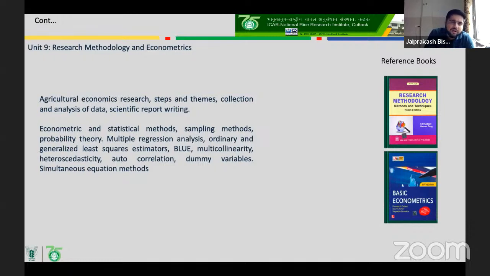How will you go for sampling? What are the sampling techniques? Definitely, no one is going to ask you sampling techniques in the economics examination because it is a part of statistics. But you should be aware because many times it is required somewhere or other in your entire career, or when you are doing your MSc or PhD or any kind of research study.